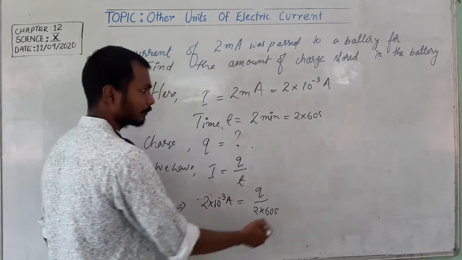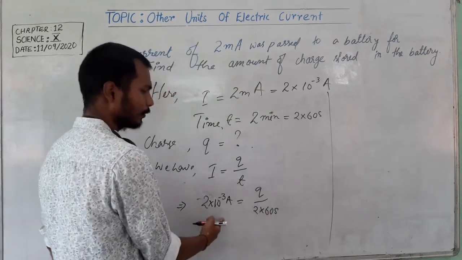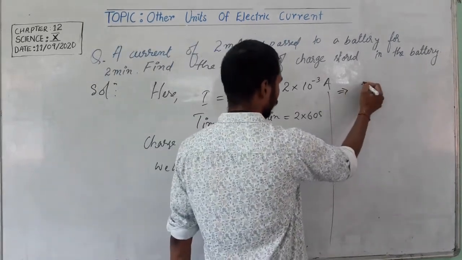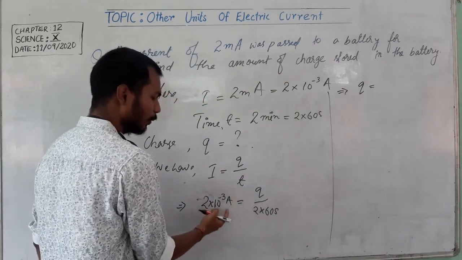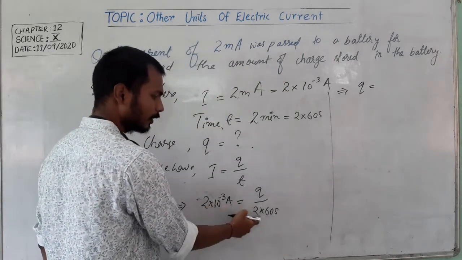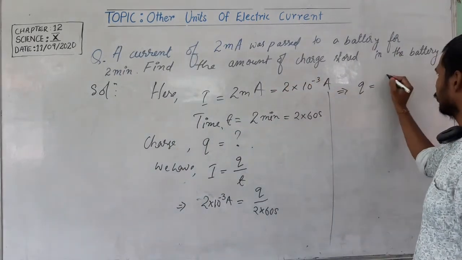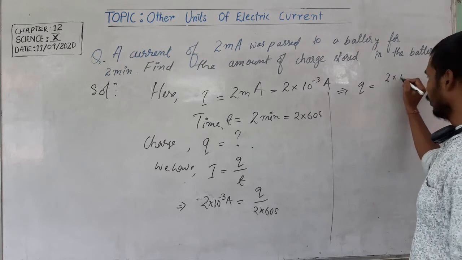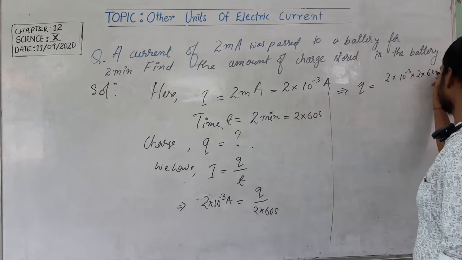Now use this value in this equation. Next, transpose this term to the left hand side. So Q is equal to, if this moves to this side, then it is in the denominator, it will be in the numerator. So we can write Q is equal to 2 into 10 to the power minus 3 into 2 into 60.